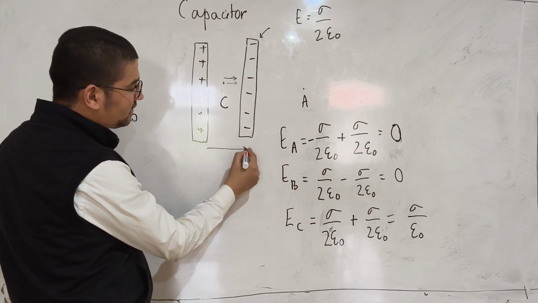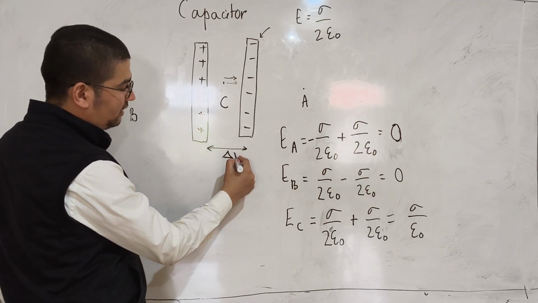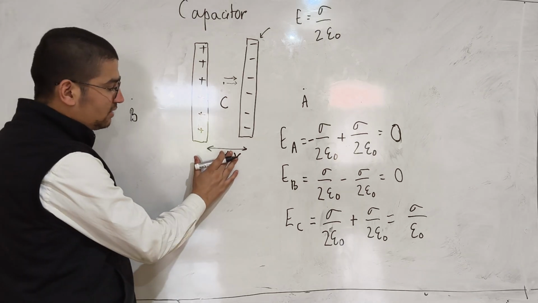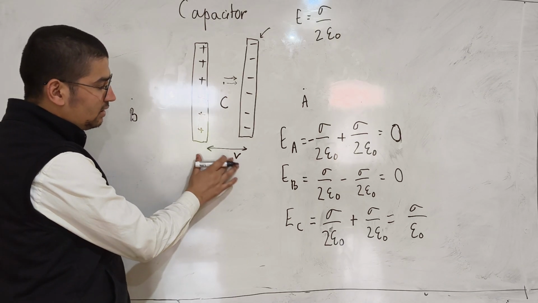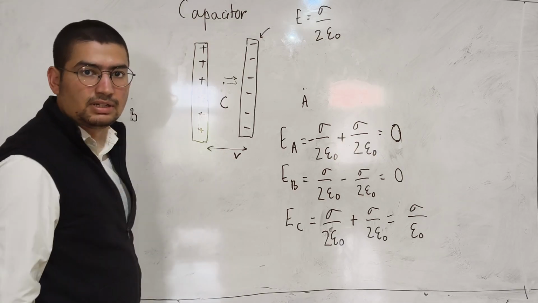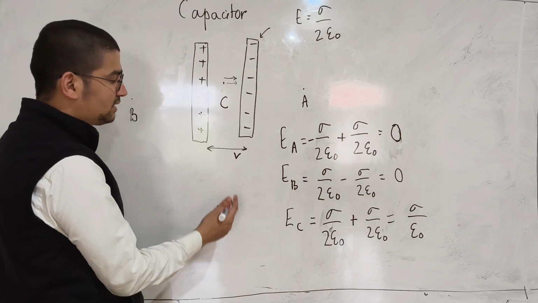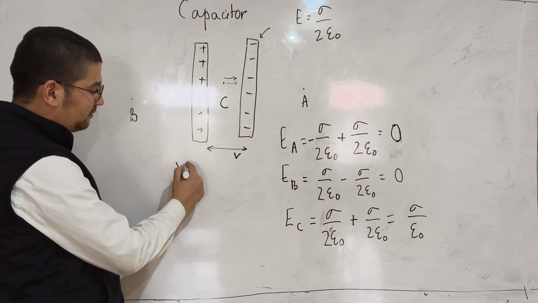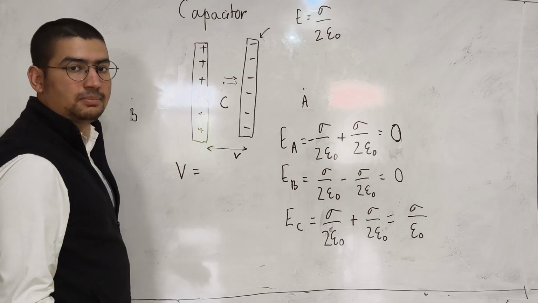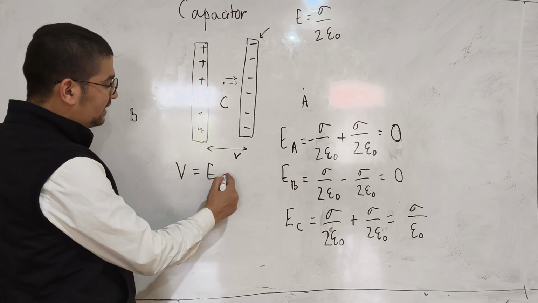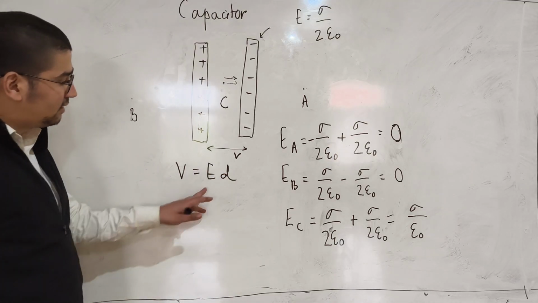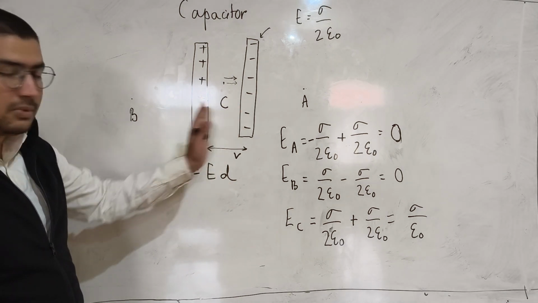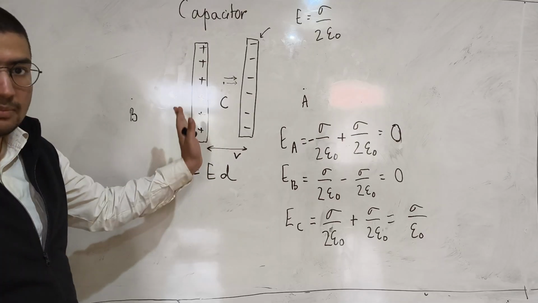What about the potential difference due to the electric field? I'm just using V here, where V stands for the potential difference in between the plates. We know from electrostatics that the potential difference within the plates is the electric field multiplied by the distance of the plates from each other.